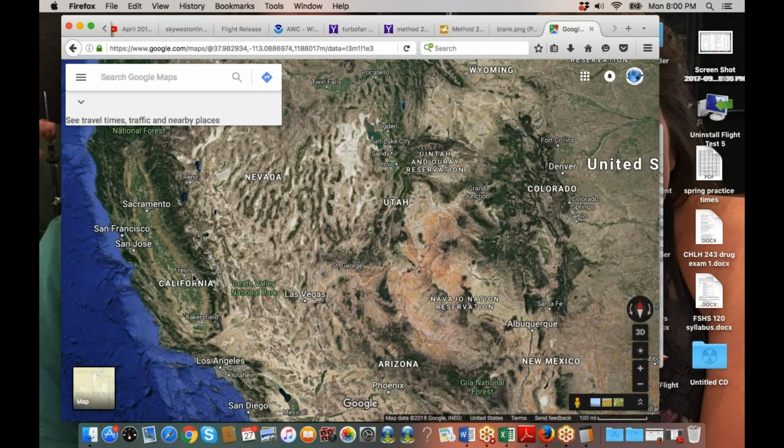Now, in reality, if they're flying right here and they have engine failure, do you think they're going to make it all the way to Denver? Do you think they're going to just say, let's make it to Denver? Not a chance. They may not even chance it to go all the way to Salt Lake. They may probably just put it down right here in Provo.